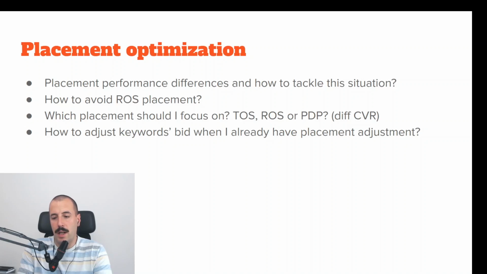Now, if you have a campaign in exact match with 10 keywords, I don't recommend going more than that, but if you have 10 keywords in your exact match campaigns, then the placement adjustments can become tricky.